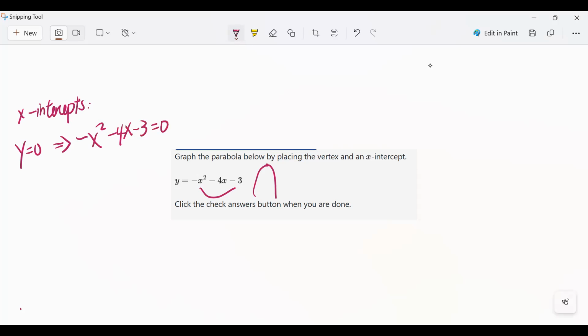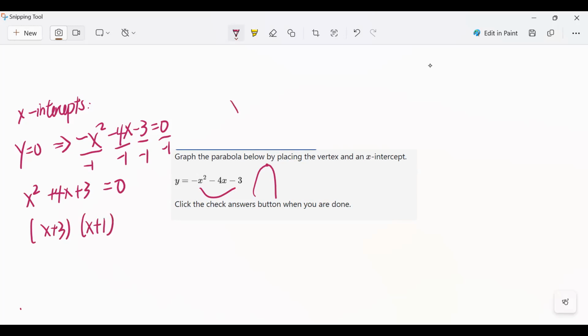It's easier if you divide everything by -1 and turn it into positive. When you simplify, you get x squared plus 4x plus 3 equals 0. Here you factor this, you get (x plus 3)(x plus 1).